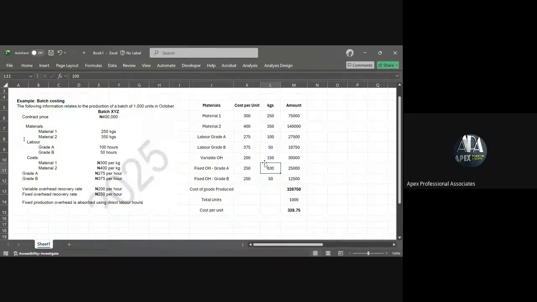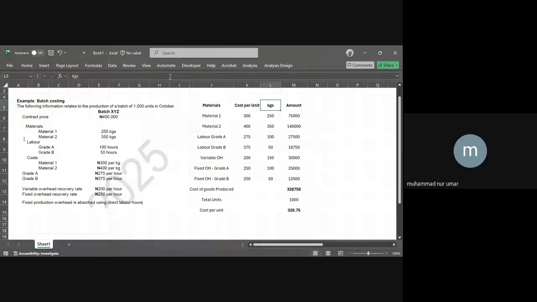We didn't use 150 as cost per unit for the variable cost overhead. We use cost per unit as 200. This is cost per unit here. Yes, cost per unit is 200 based on what we have in the question. Then the quantity, the number of hours, is 150.